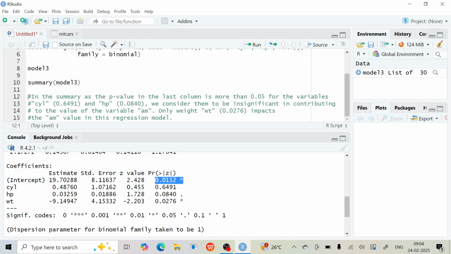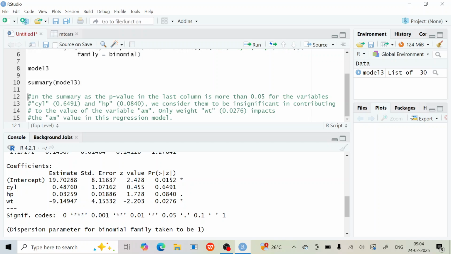The p-value for cylinder is 0.6491, for horsepower it is 0.0840, and for weight it is 0.0276. So only weight is marked with a star, not cylinder and horsepower.